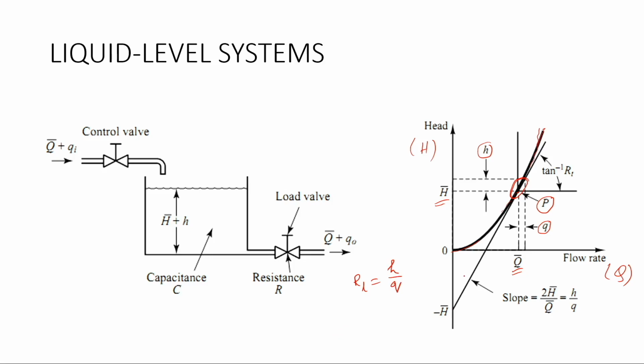And if you consider this turbulency, then you can see this basically H by Q equal to what? This is the H, this is Q. That means this particular slope. So, tan theta equals H by Q, so theta equals tan inverse of this H by Q. So, this H by Q is basically RL, that means tan theta.